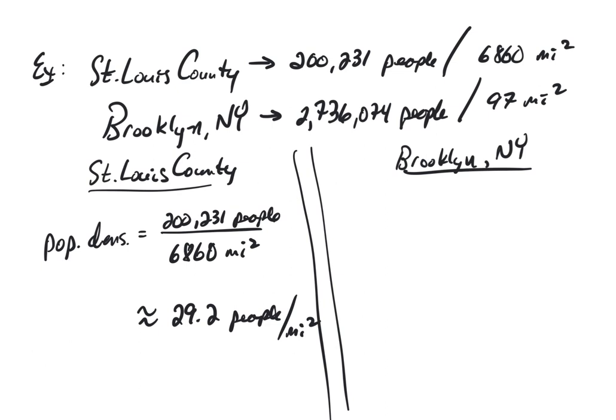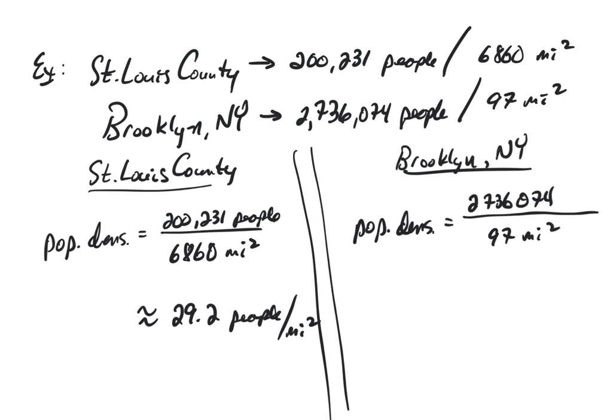But in Brooklyn, New York, many, many more people. The population density would be the number of people, 2,736,074, divided by the area of Brooklyn, which is 97 square miles, right?